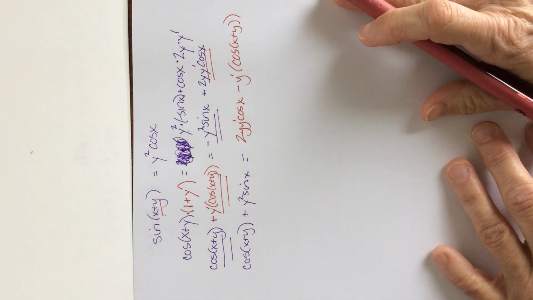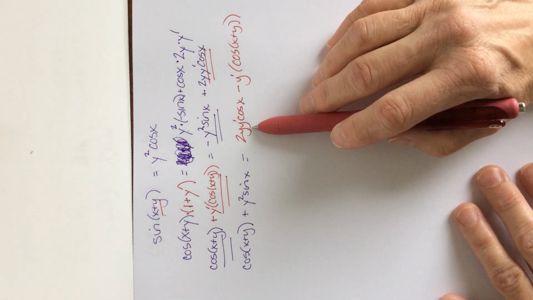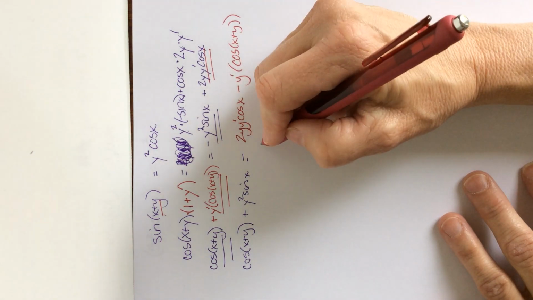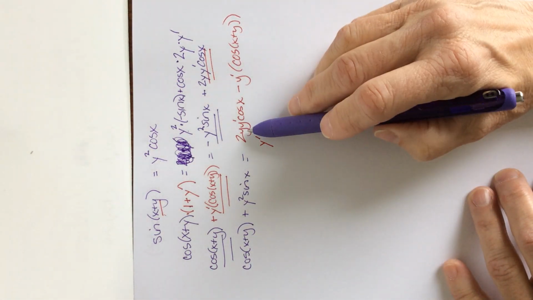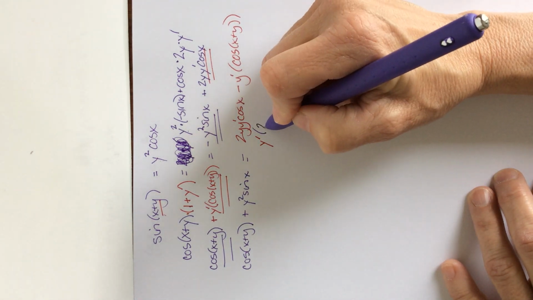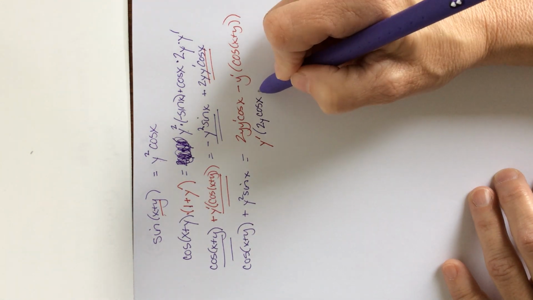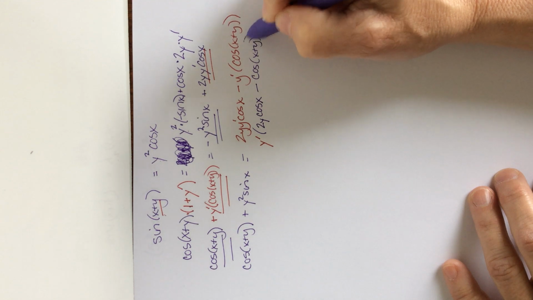Now, if you remember, to isolate y prime, we have to do some factoring. So I will factor y prime out of these two terms. And when I do, I'm left with 2y cosine of x minus cosine of x plus y.